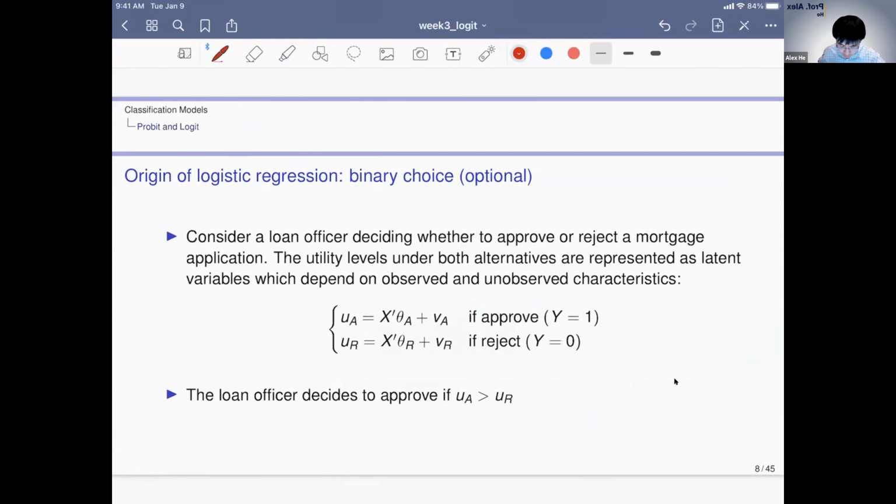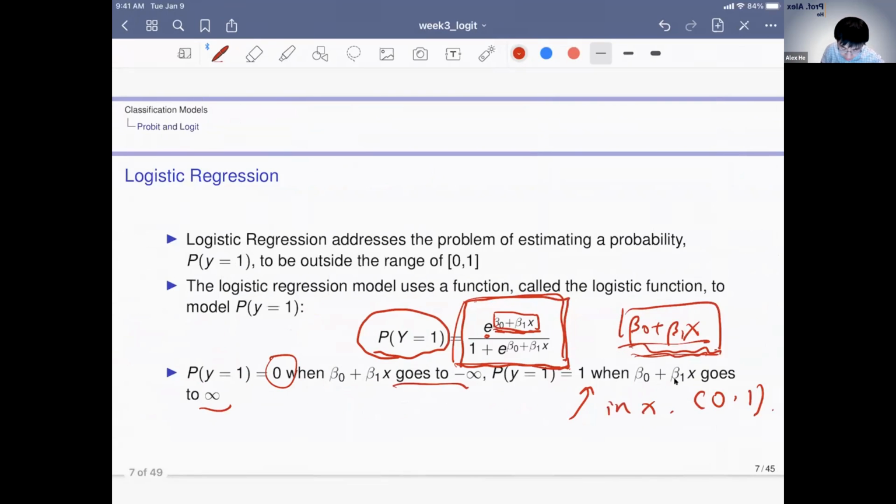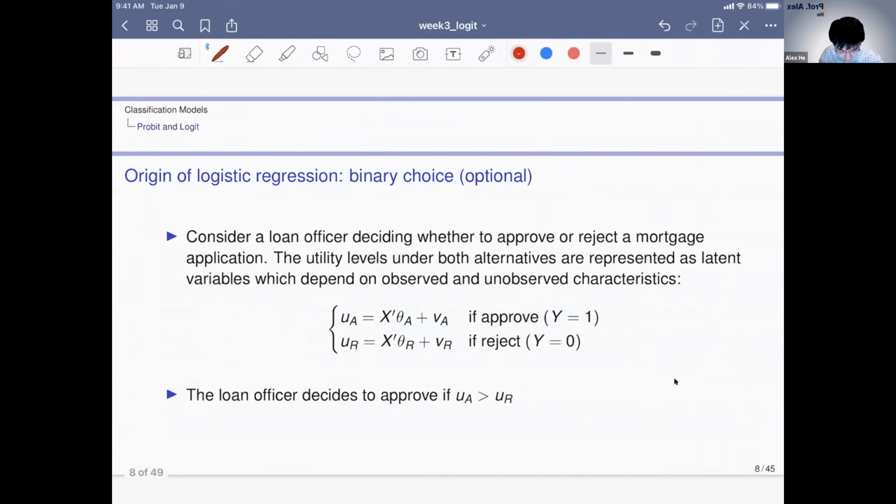You could actually derive this exact function using a very simple model. This part is just to illustrate that it's not a completely idiosyncratic function, but it actually has a meaning. But you don't necessarily have to know this.